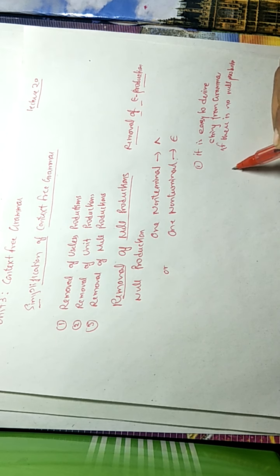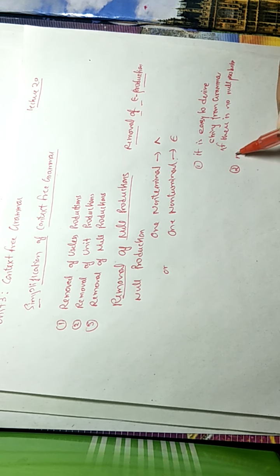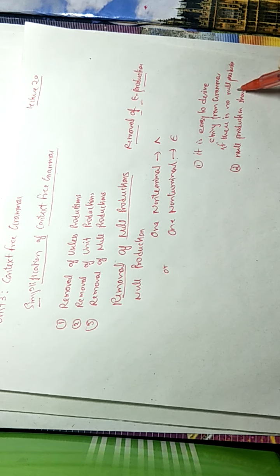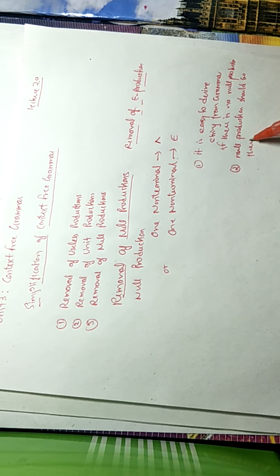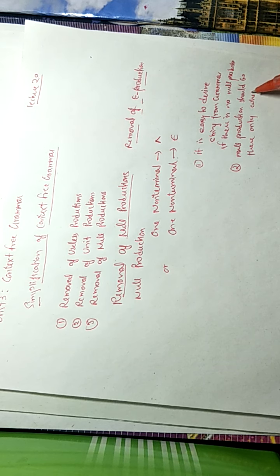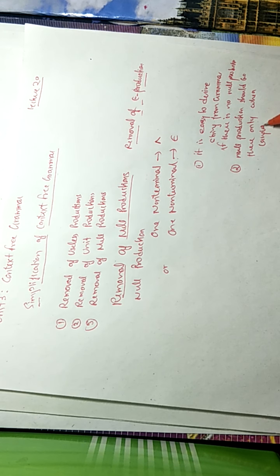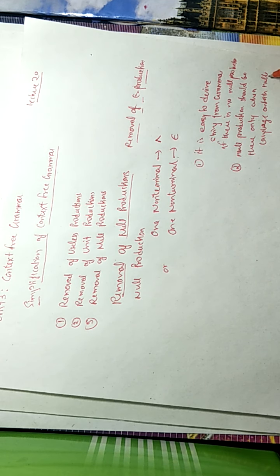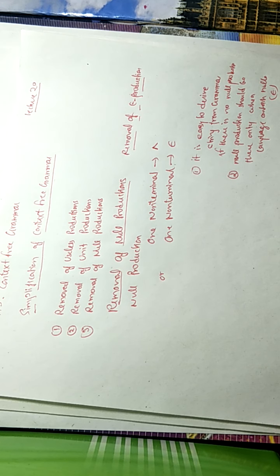The second observation is that a null production should be there only when the language contains null, or we can say epsilon. So if a language contains epsilon, or we can say epsilon is a string of the language, then it should be there. Otherwise we can remove all null productions from a grammar.